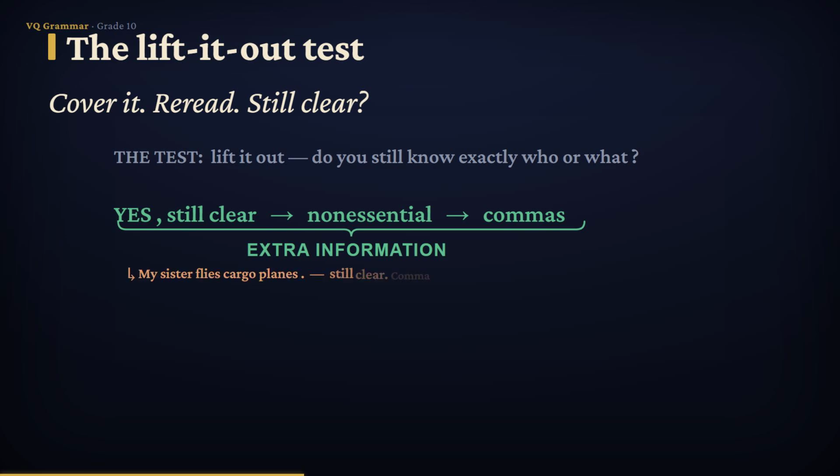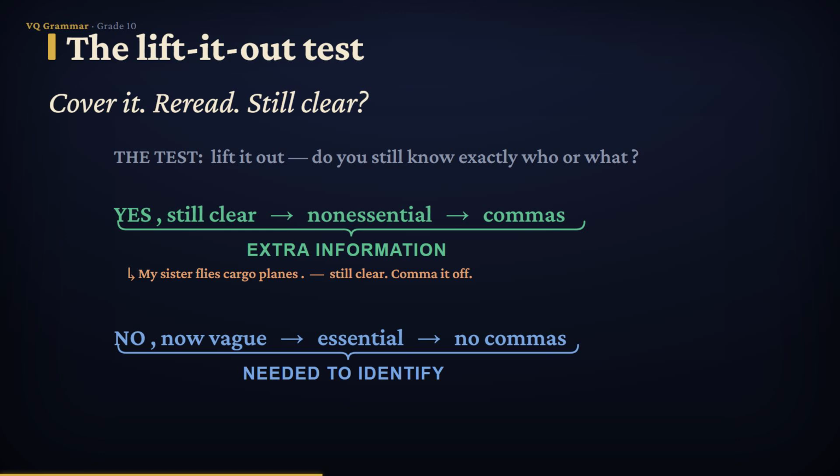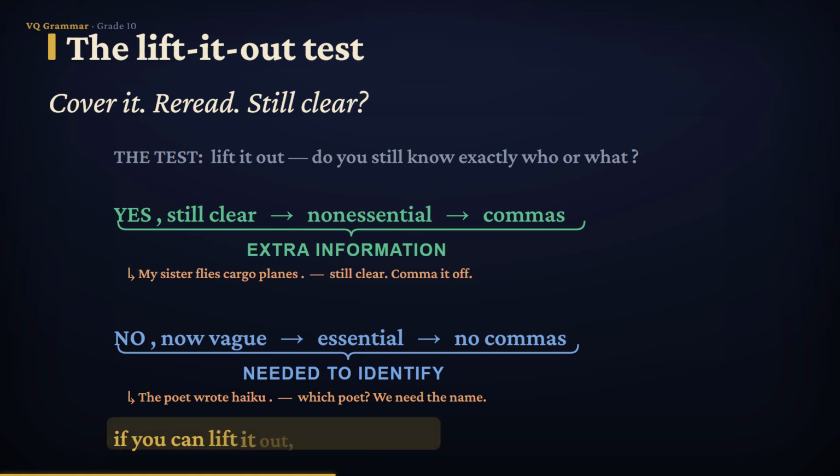My sister flies cargo planes. I still know precisely who, my one and only sister. So a pilot was never needed, and it earns its commas. Now the other way. The poet wrote haiku. Which poet? The sentence has gone vague, so the name was carrying essential weight, and it gets no commas.